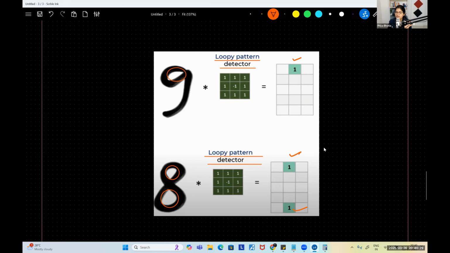If this specific kernel doesn't bring 1 at any point of time, it means that there is no loopy pattern. If 1 is coming up, it indicates that this is where the loop is going on in your image. And if 1 comes up 2 times, it means that somehow in 2 places in your image, the loops are there. Are you getting my point, what I'm trying to convey over here?